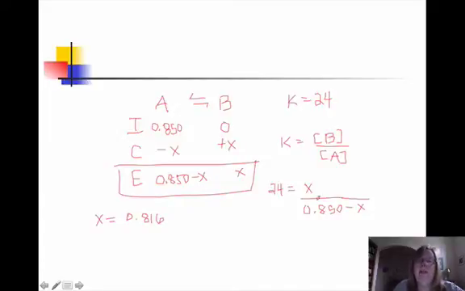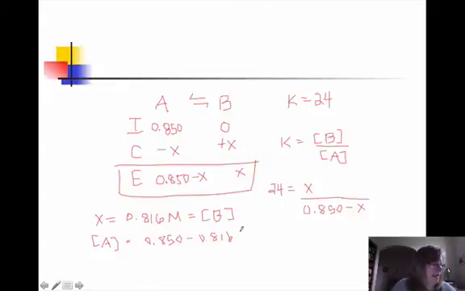So when I do that algebra, I get a value of X of 0.816. So that is the concentration for B at equilibrium. And then the concentration of A at equilibrium will be 0.850 minus 0.816. And when I do that, I get A's concentration to be 0.034 molar.